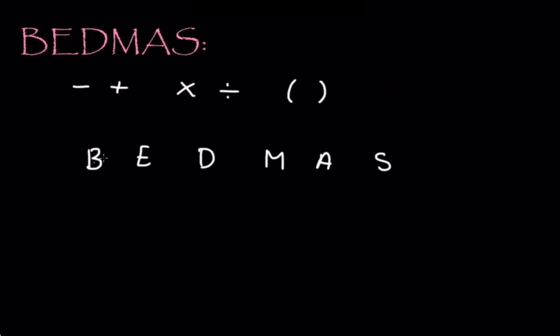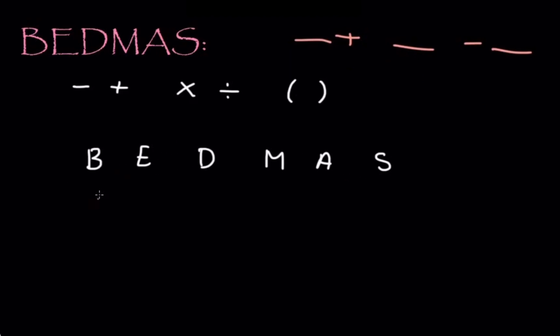As we go from left to right, whatever comes first is the order that we're going to do. So let's say we have an expression like something plus something minus something else. How do we know which one to do first? Well, BEDMAS tells us.